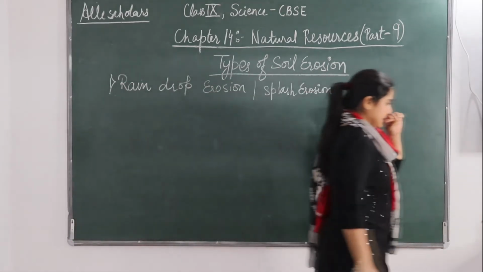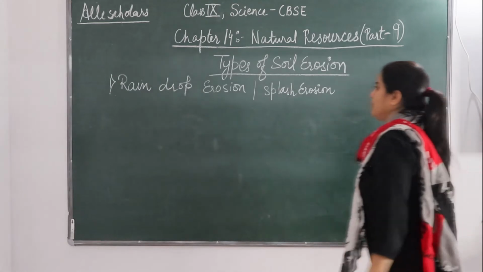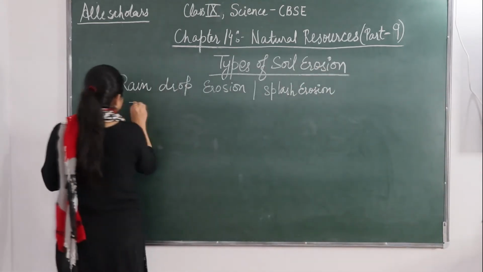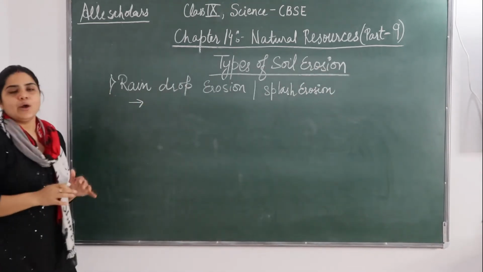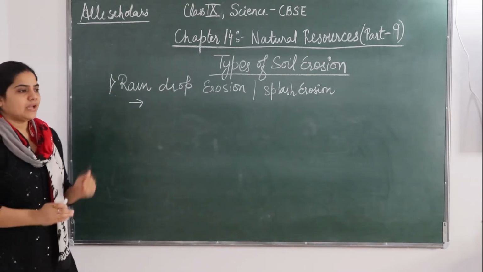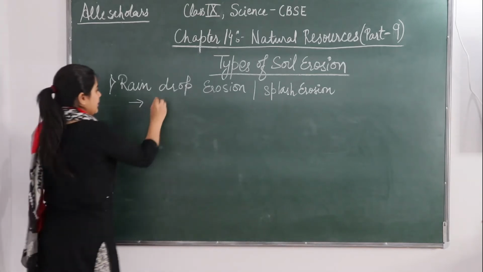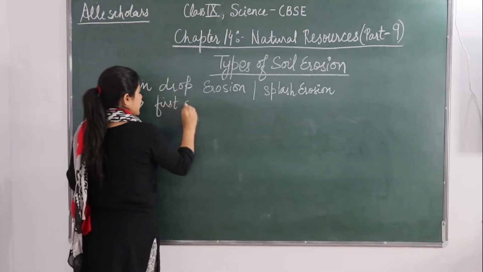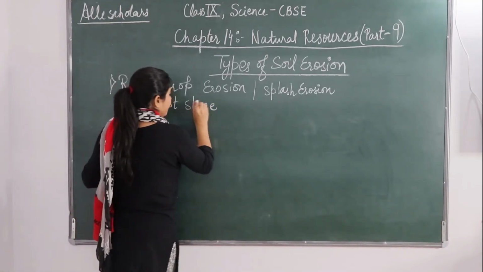So let's see the points of raindrop erosion. The first thing is that it is the first stage of the erosion process.